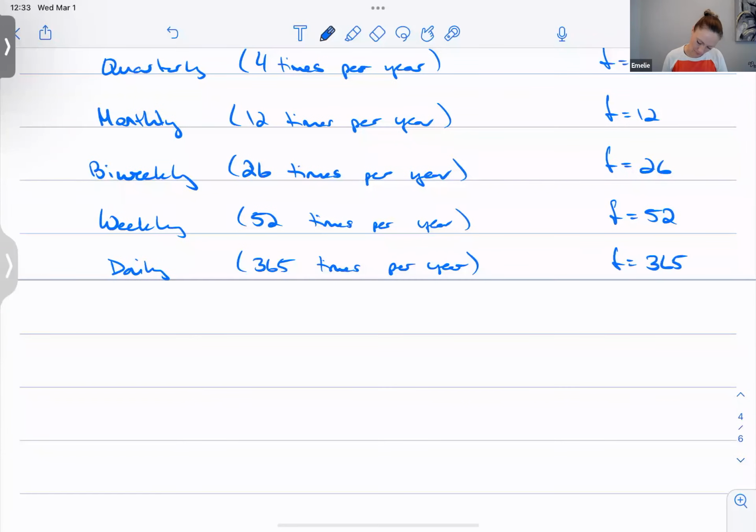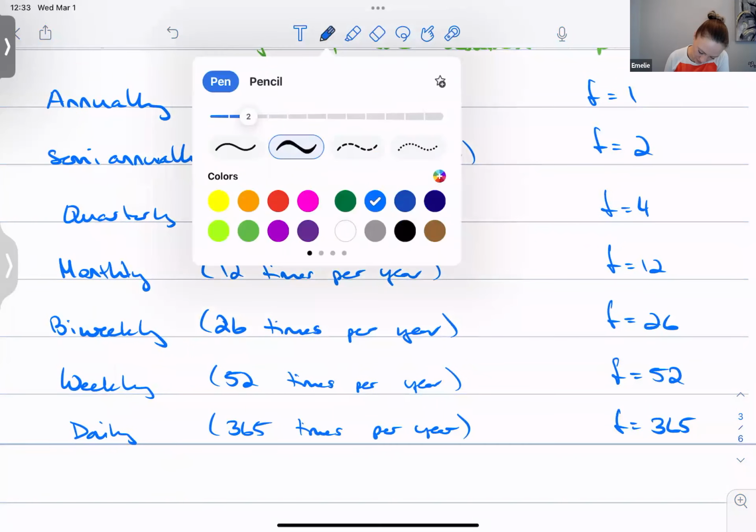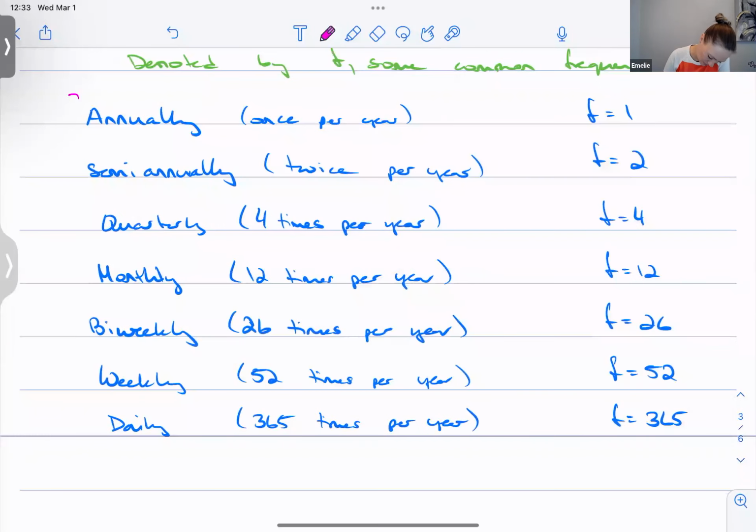Okay, so we need to have these memorized. You guys are working open book, right? And so definitely have these handy somewhere because we're going to need these frequencies. They're part of our calculations. So you'll need to memorize these. Must memorize.